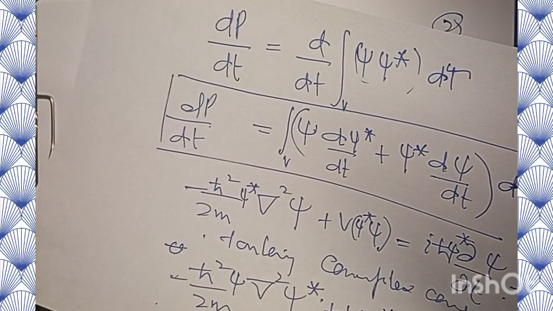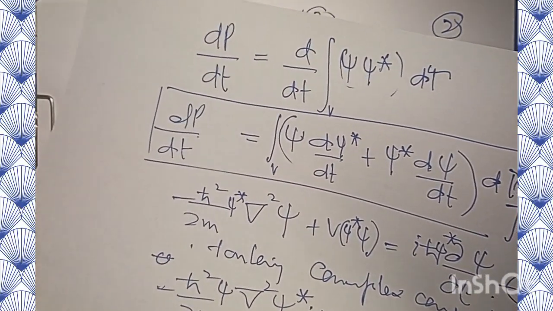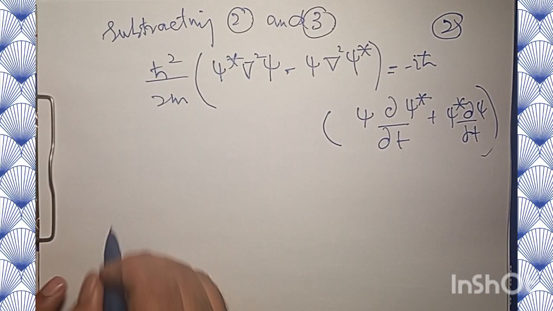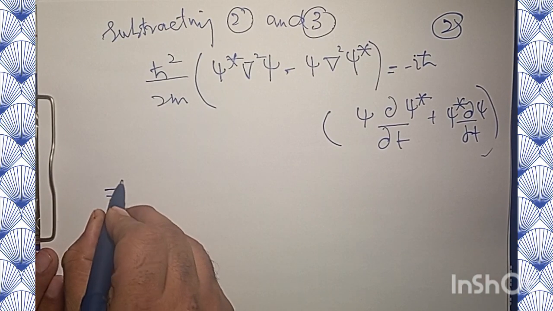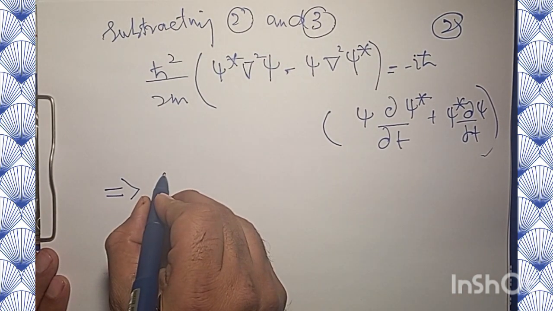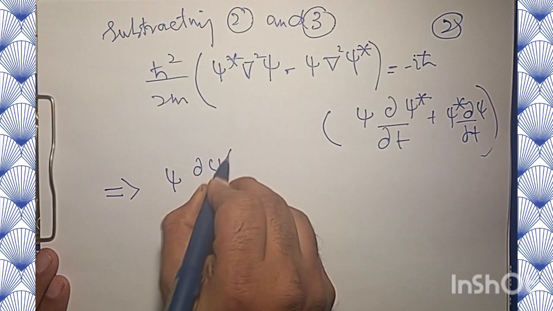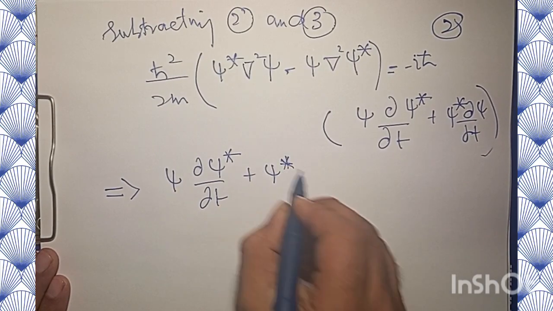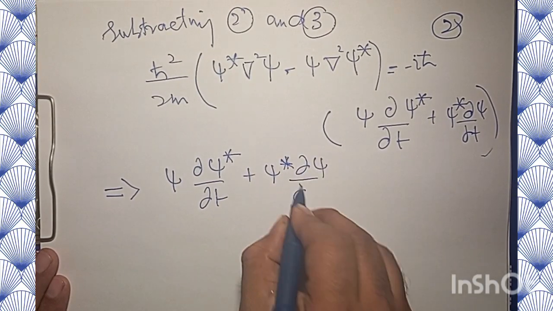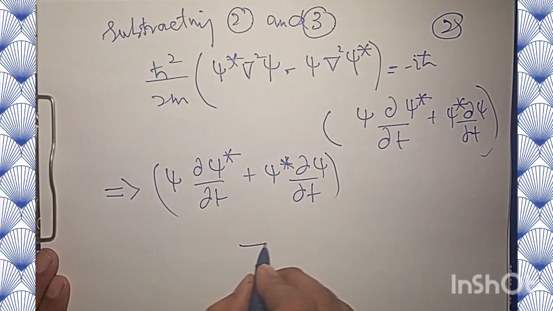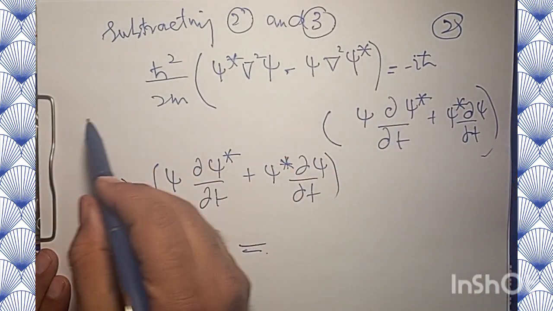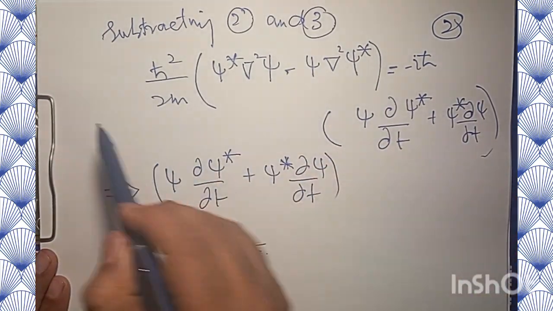The potential energy term is going to die, because one of them will be negative, and we have the situation here. I would like to transform these, let's make it a symmetrical kind of equation. So this will imply ψ ∂ψ*/∂t + ψ* ∂ψ/∂t must be equal to, so you have to get the iota down.